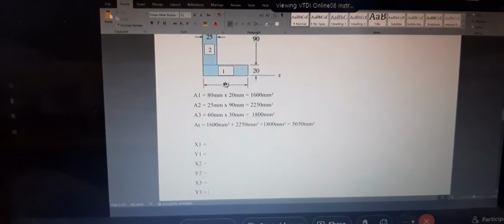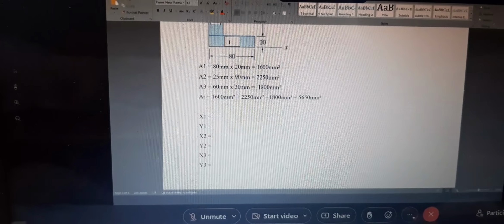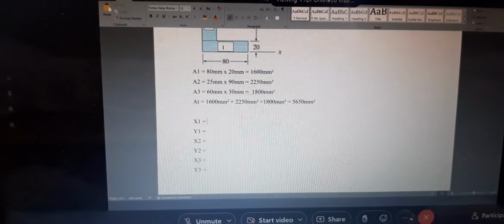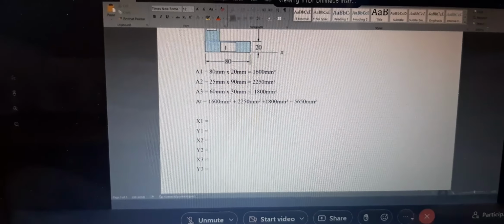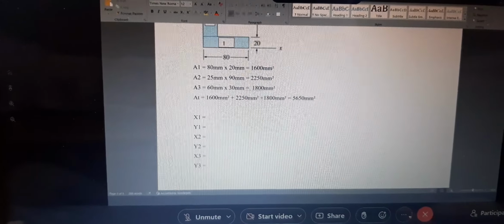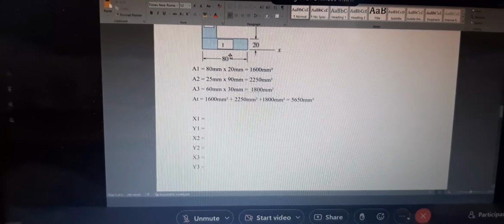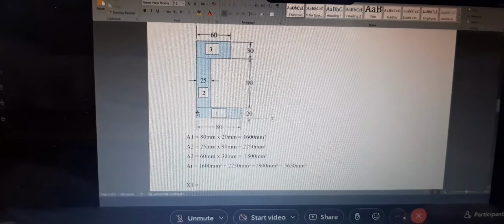So let's look at 1 first. This section right here. What's going to be my x value? Remember, it's from the face of the object.